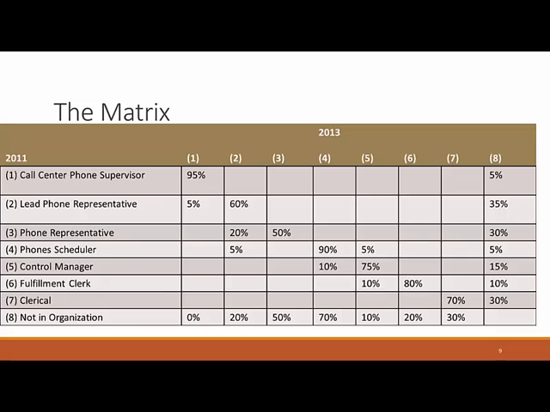And if we look over here, we see, well, column 8 shows people who are not in the organization, but if we look over here to column 1, in 2013, 95%. In 2011 or 2013, they came from the same job. None of them moved. And 5% were people who were promoted from the lead phone representative. You may take a few minutes to understand and grasp this particular slide.